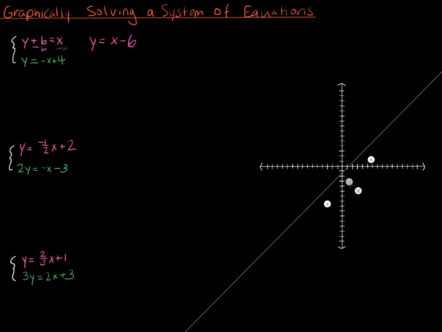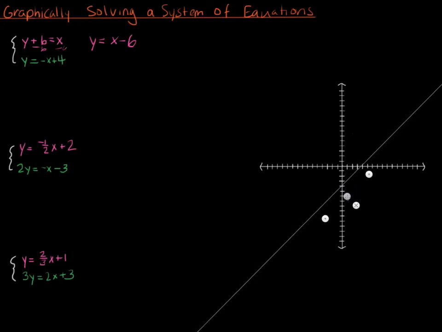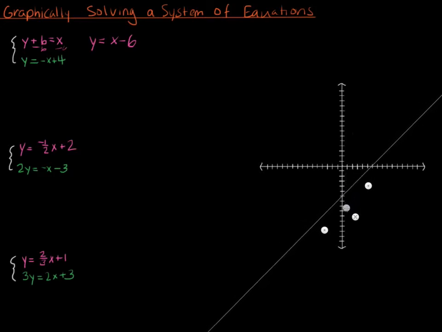So 1, 2, 3, 4, 5, 6. So the y-intercept is negative 6, and then it goes up 1 over 1, up 1 over 1. Okay, so that's this line right here. So this is y equals x minus 6.